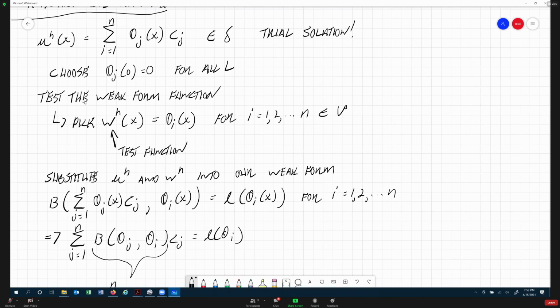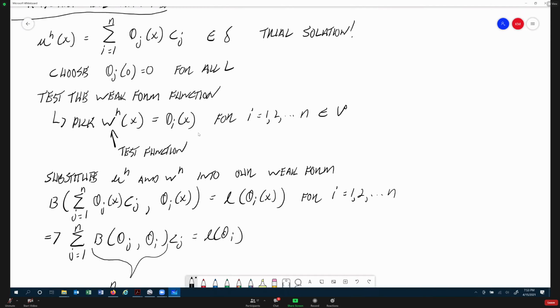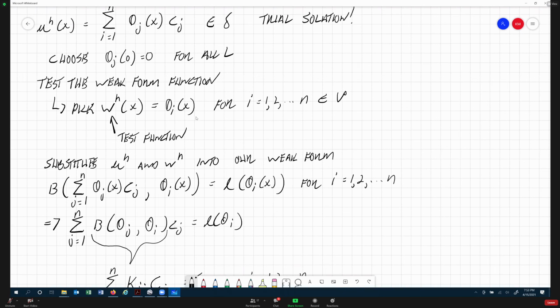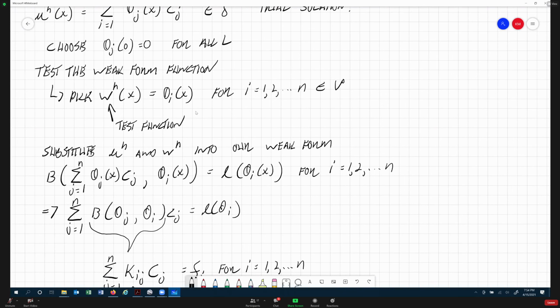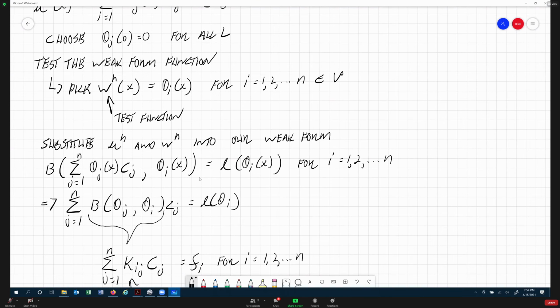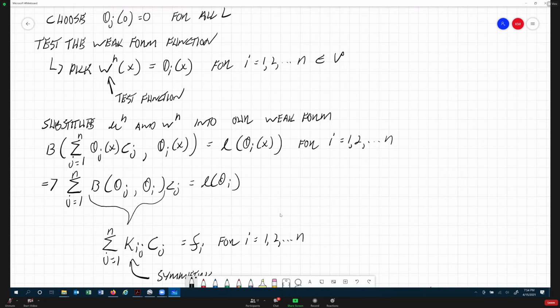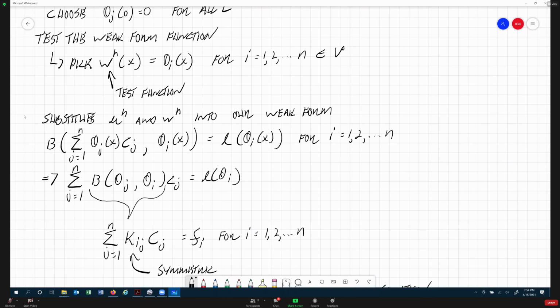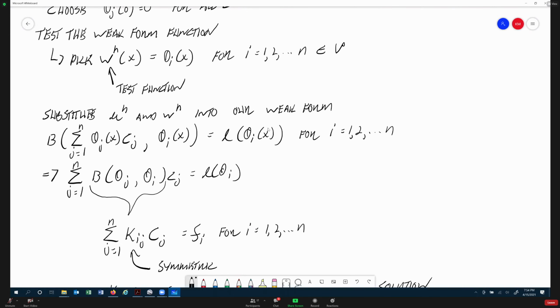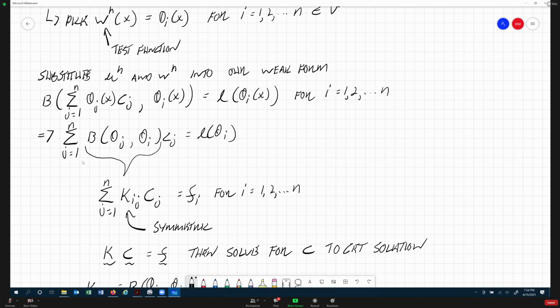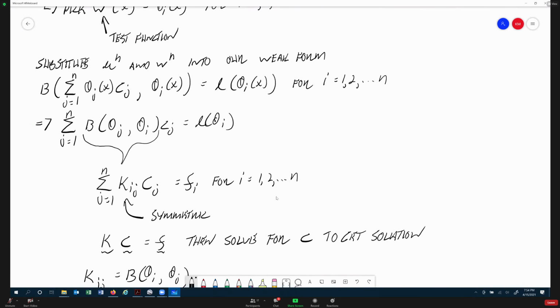Now we're going to pick another test function to plug into this Rayleigh-Ritz method. We substitute that into our weak form bilinear functional and our linear functional, and sort through this, and it gives us a little bit different form.